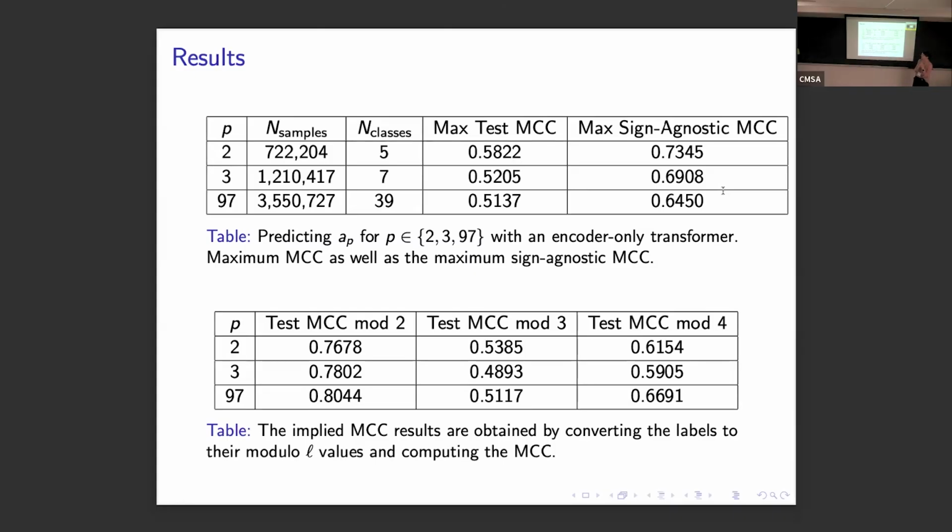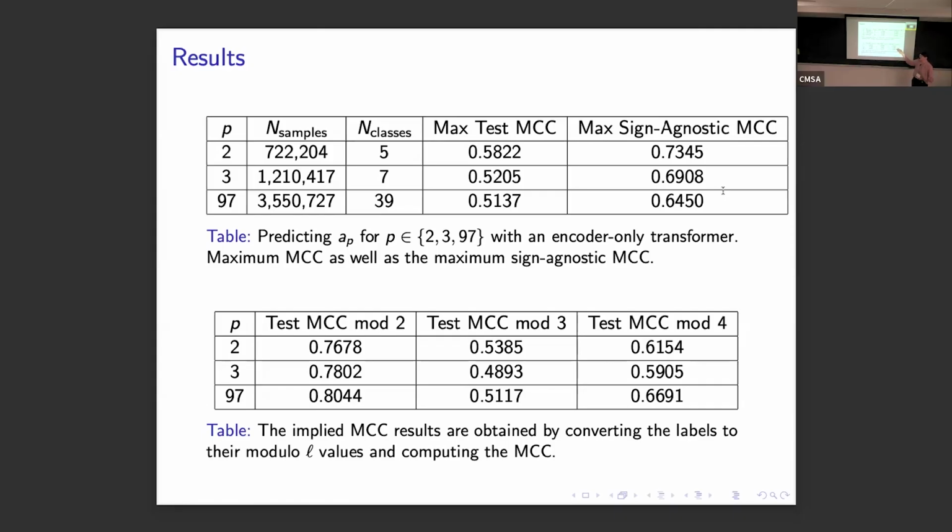Because we just looked at curves with good reduction at the prime p, for predicting A2 we only had 700,000 curves from that data set. For predicting A3, we had a little bit more. By the time you're looking at primes like 29, 31, et cetera, you get a fairly big share of the data set.